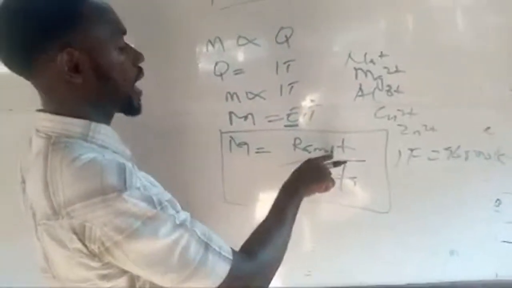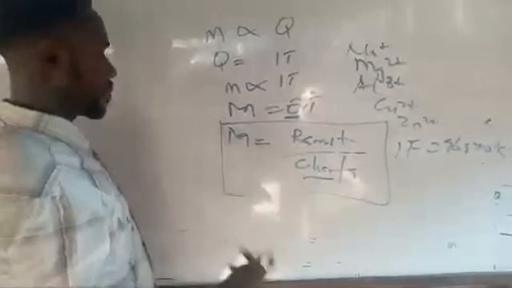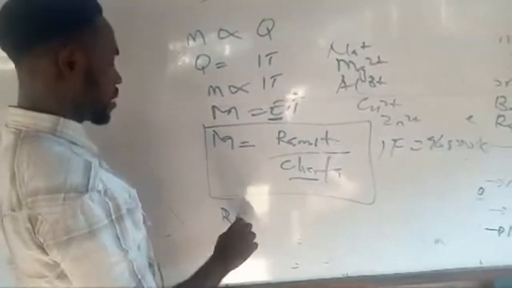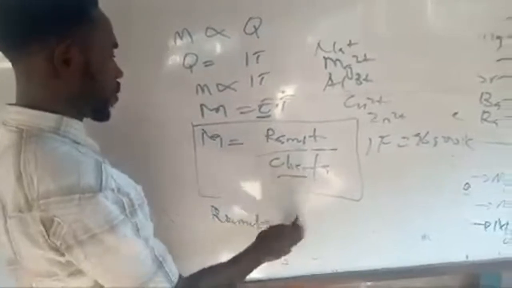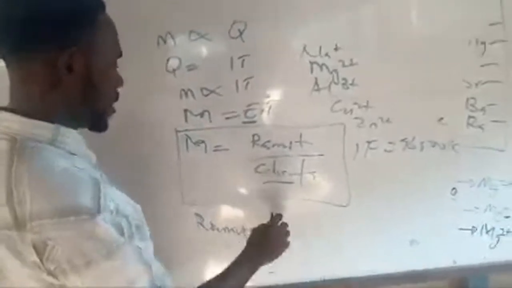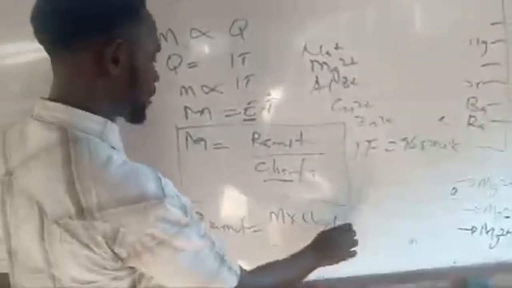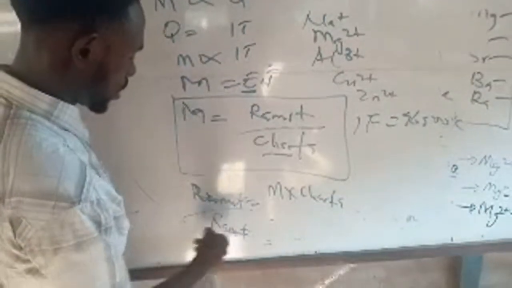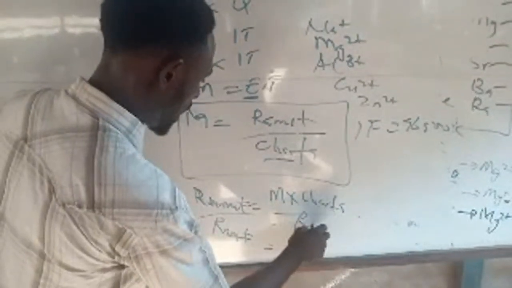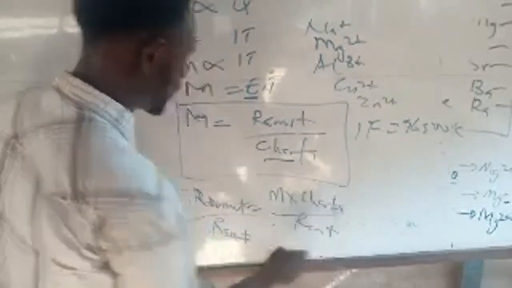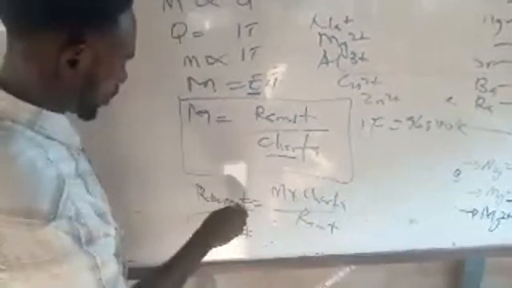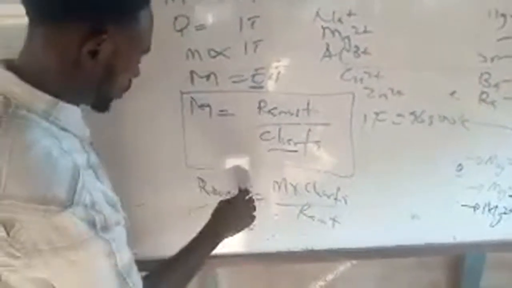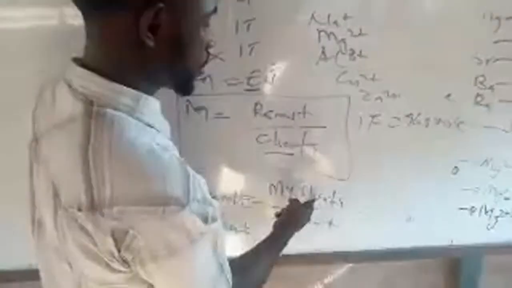If you are asked to calculate for current, you make I the subject of the formula. Mass equals RAM IT over charge times Faraday, so I equals mass times charge times 1 Faraday all over relative atomic mass times time in seconds, because they will give you the mass and T, leaving I alone.